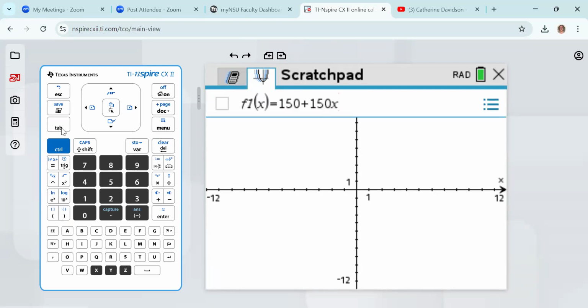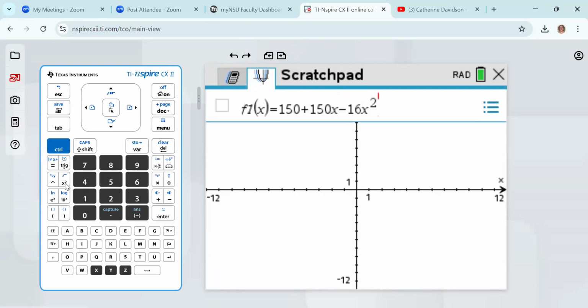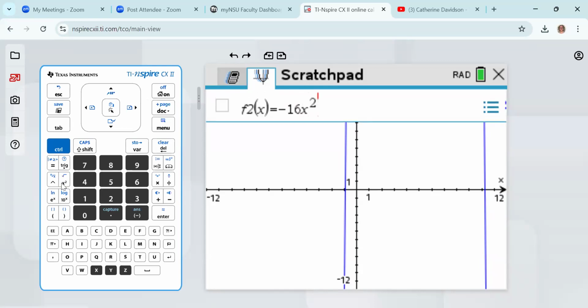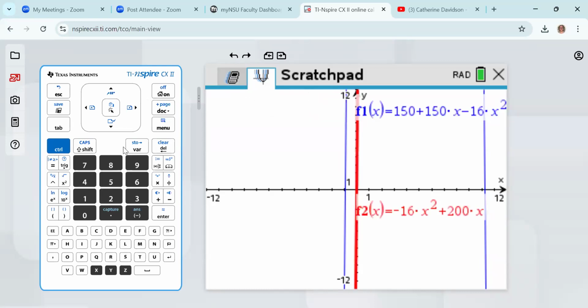Gotta change that to an X. I'm going to actually pause this for 1 second and adjust this window.